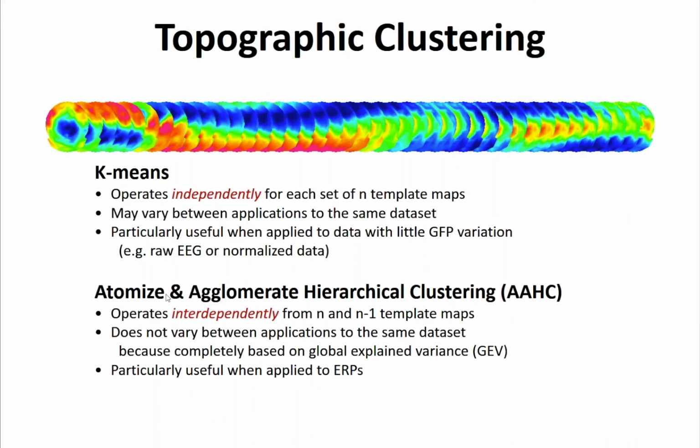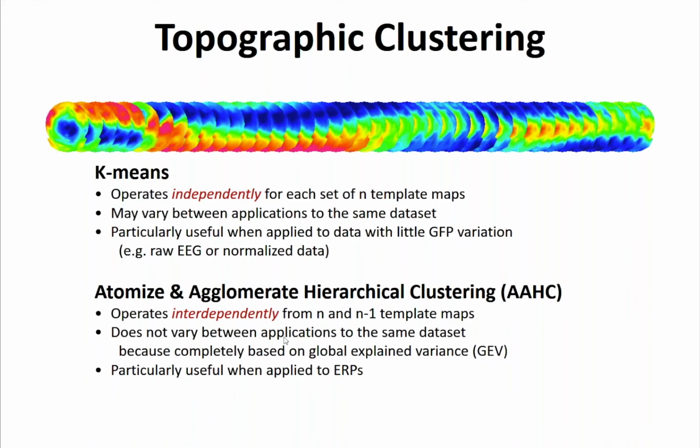The hierarchical approaches operate interdependently as you go from n to n-1 template maps. It doesn't vary between applications to the same data set because it's completely based on global explained variance. And it's particularly useful, in our experience, when applied to event-related potentials.